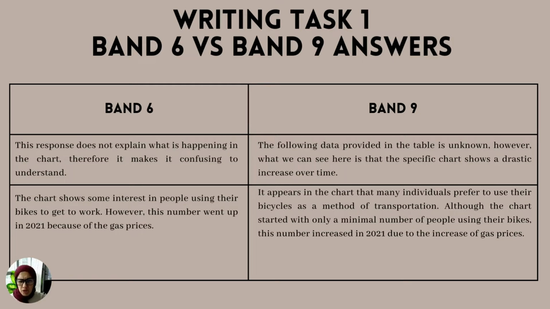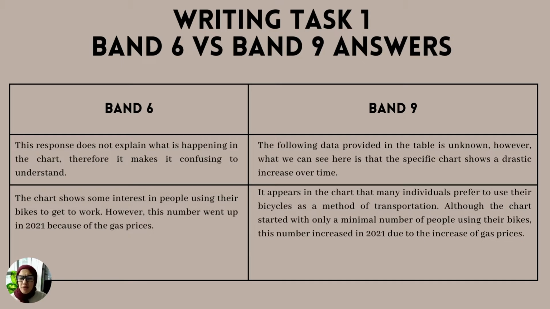Although the chart started with only a minimum number of people using their bikes, this number increased in 2021 due to the increase of gas prices. So as you could see here, I've written the sentence in much more detail to show the examiner my capabilities of explaining the particular topic.